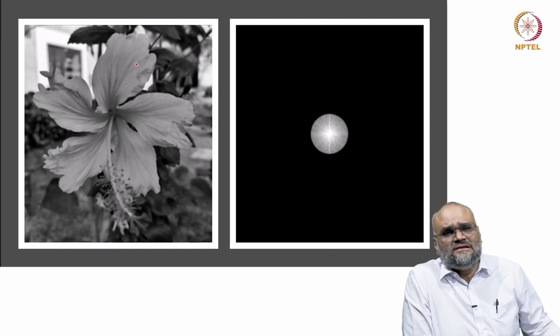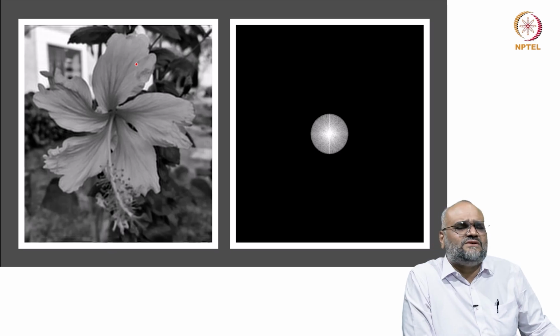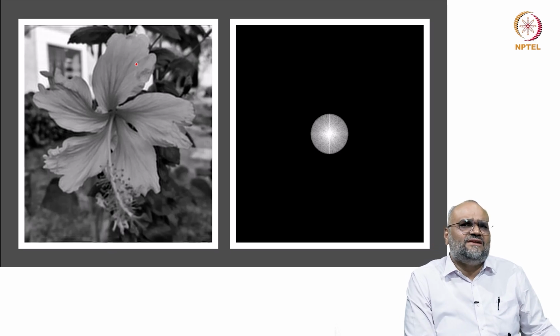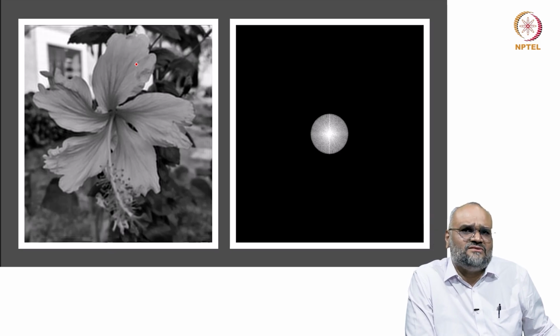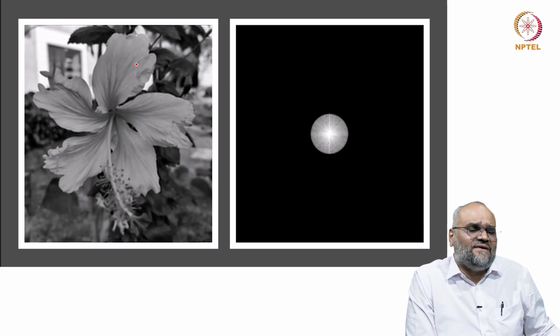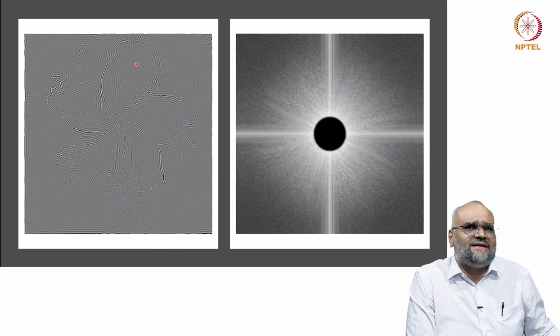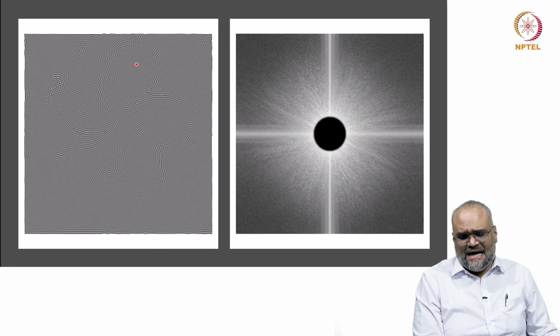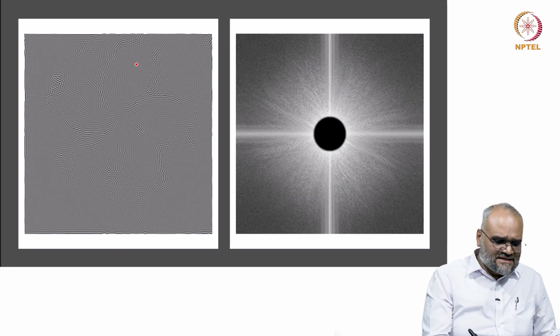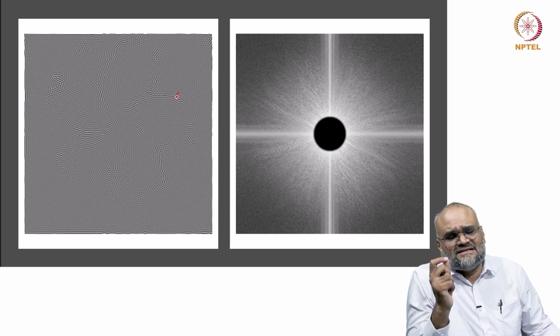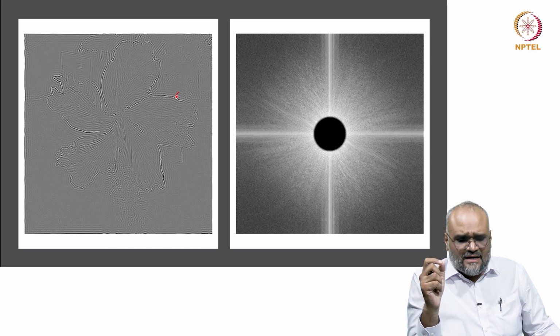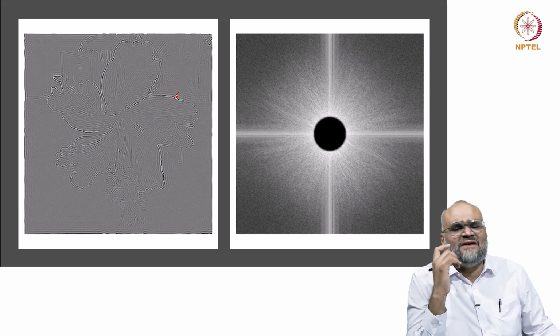This is what your low pass filtering does, and this gives you an idea that the resolution of your imaging system is only as good as the higher order frequencies that your imaging system allows you to pass through. And if I do the opposite now, where I apply a high pass filter, the features which are really sharp and detrimental to the resolution of the microscope are all corresponding to the high frequencies.